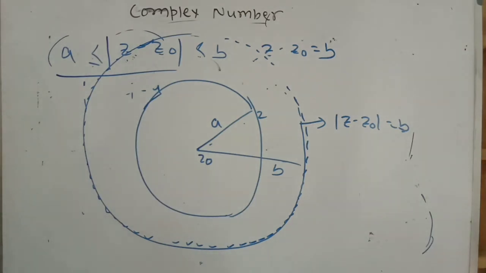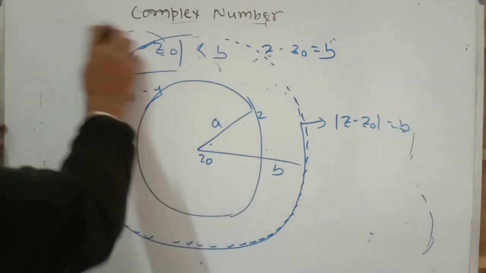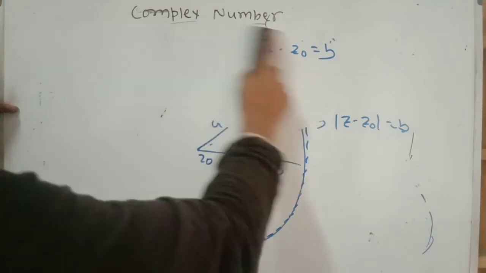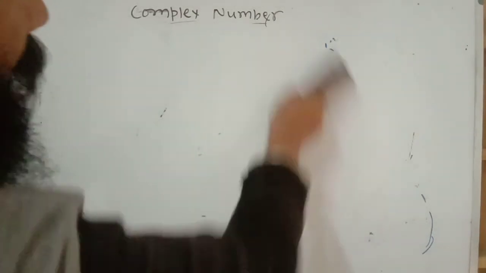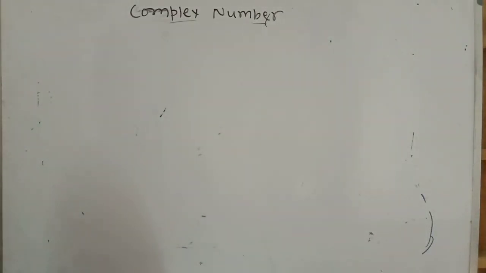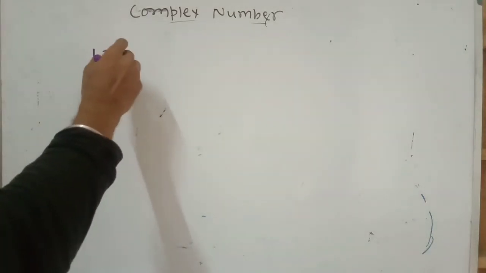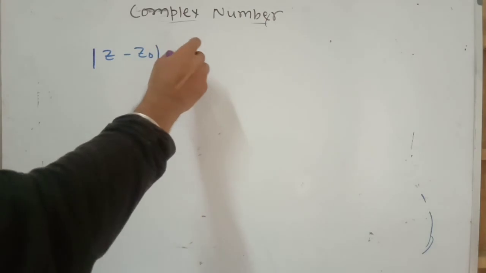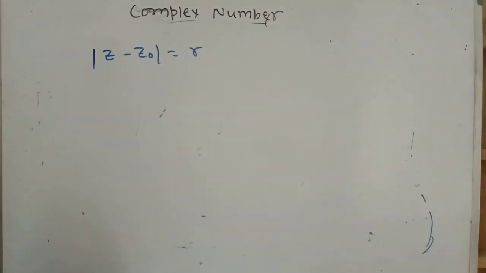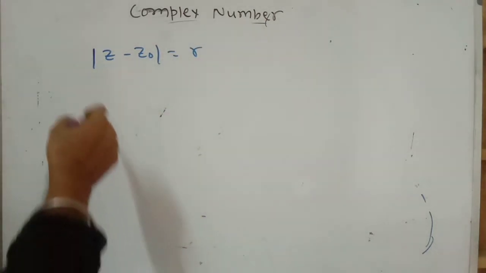Now I am taking another example for locus of a complex number. Let us consider |z − z₀| equal to r. In xy, what will the equation be?